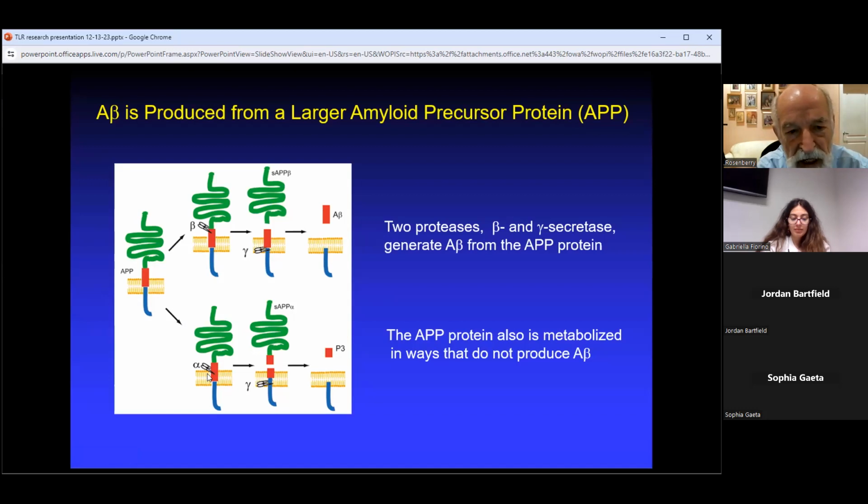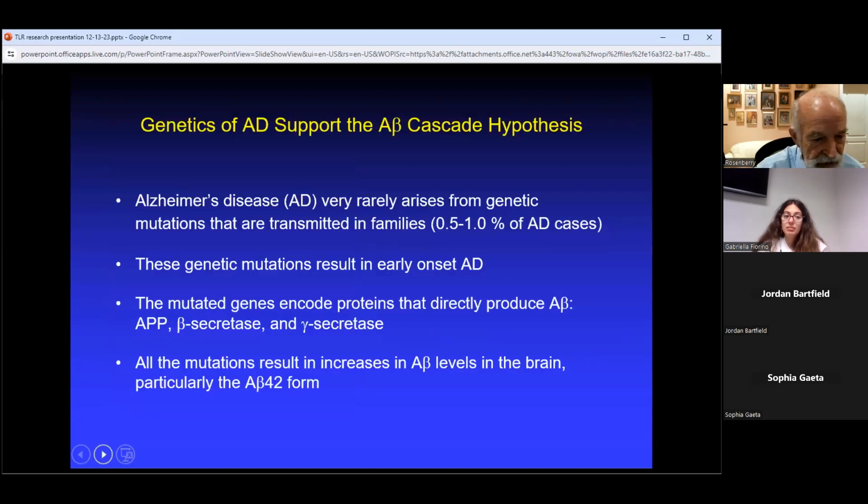It's shown as being released from the membrane, but that's a topic I'm uncertain of, and in fact, I'm beginning to make progress on what happens if not all the A beta is released from the membrane. And this is the slide that I've already shown.